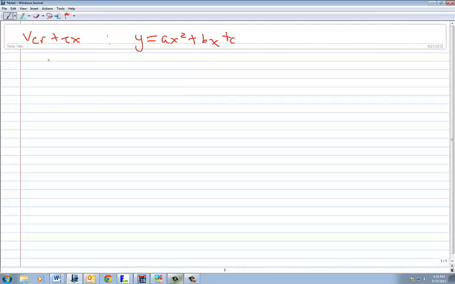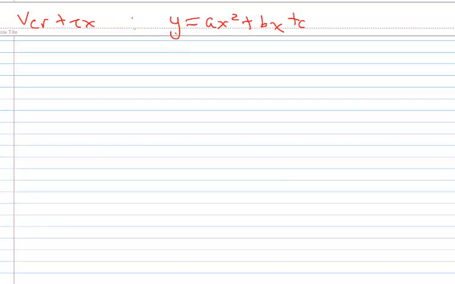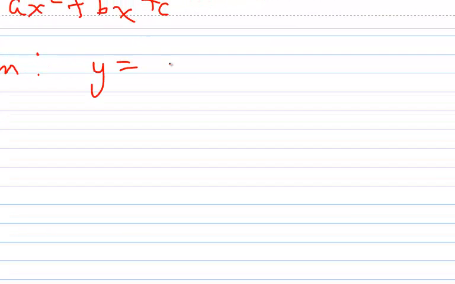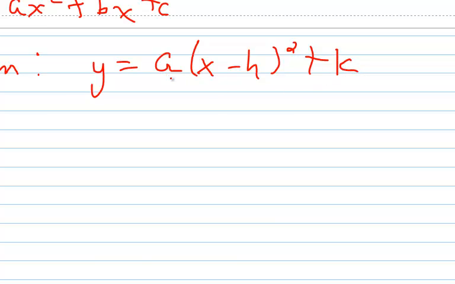What we learned so far is that the graph of a quadratic function is a parabola, and when the quadratic is in standard form, it's referred to as the standard form of the parabola, which is y equals a times quantity x minus h squared plus k. You can tell that the vertex is (h, k), so it's easy to identify right off the bat.